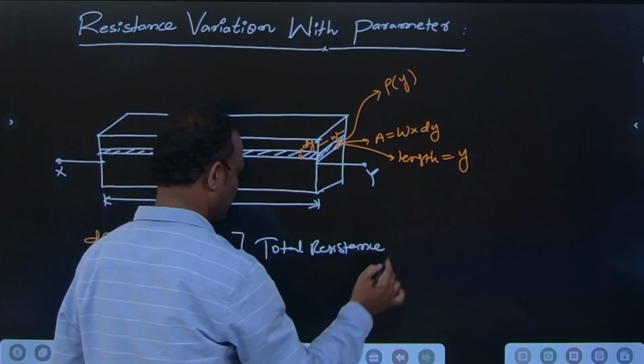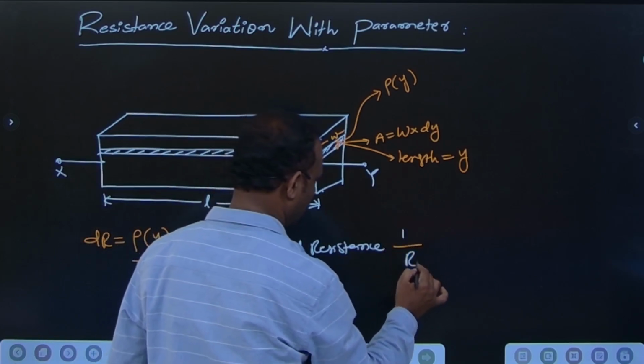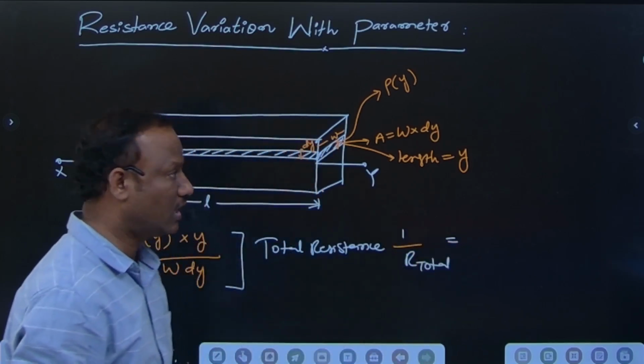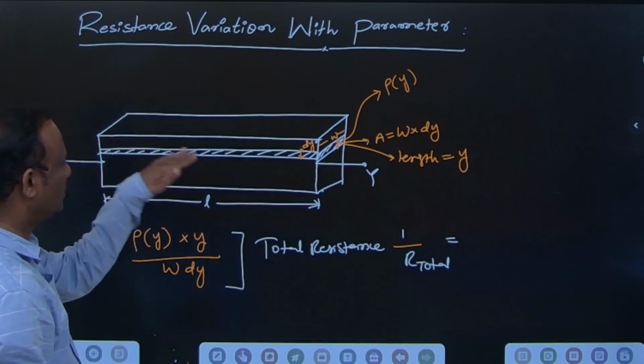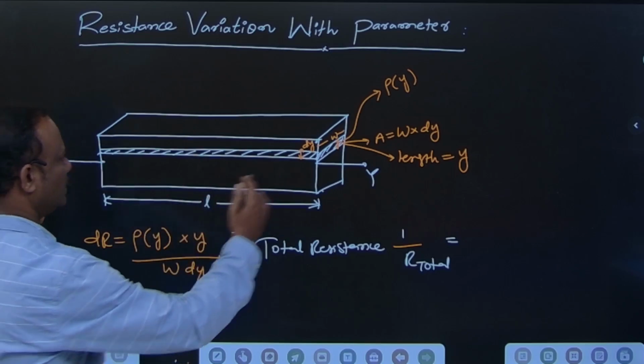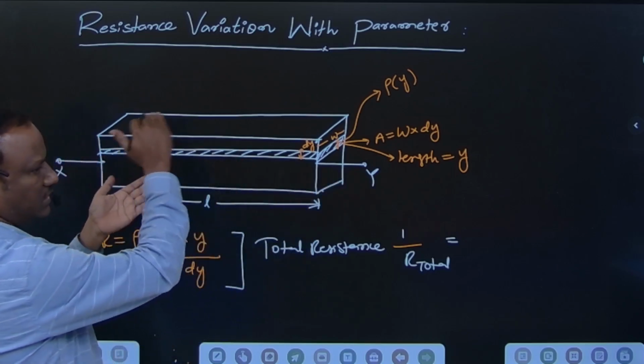So it's 1 by R total. Why 1 by R total? All these are connected in parallel. These two are the terminals. So between these two terminals, these are connected in parallel.